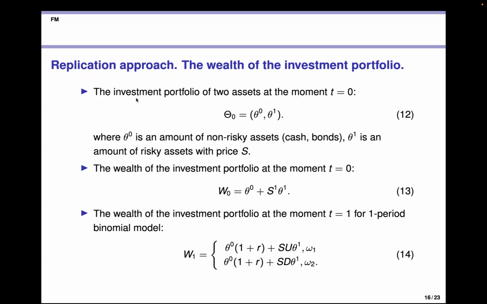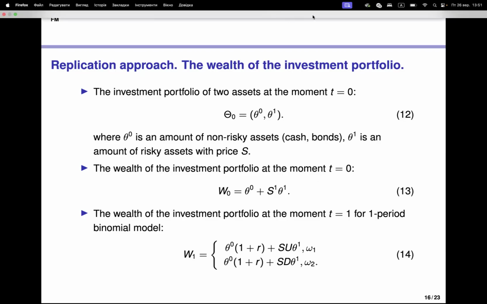Let me explain the replication approach in terms of only two coordinates in this vector. The first, you remember, is the amount of non-risky asset as always, and theta 1 is the amount of risky asset, and we know its price S. So we can compute the wealth of the investment portfolio at the moment t equals 0.